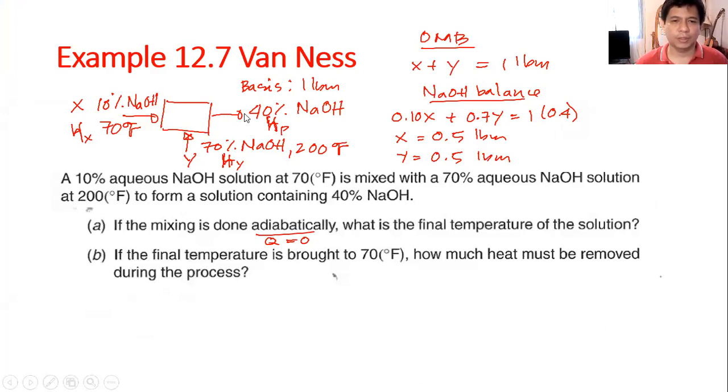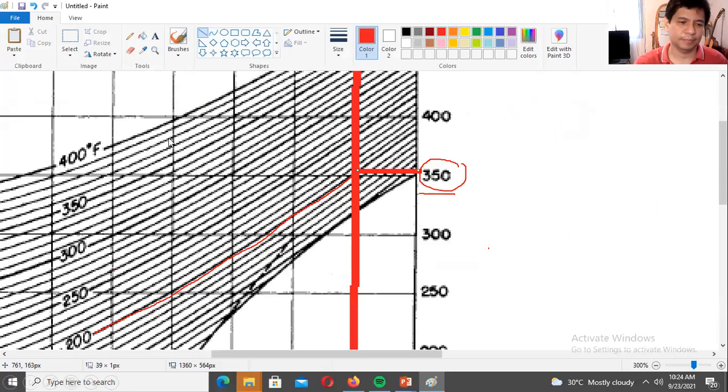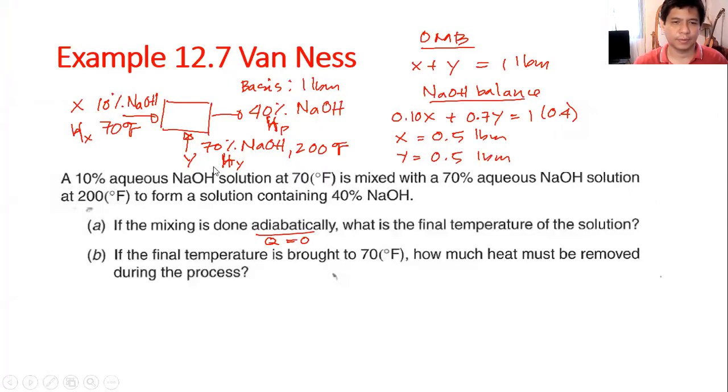So, nakita natin, this is 350. Ay, sorry. This is HY is 350 BTU per pound mass. Yan din naman yung reading ni Banes.